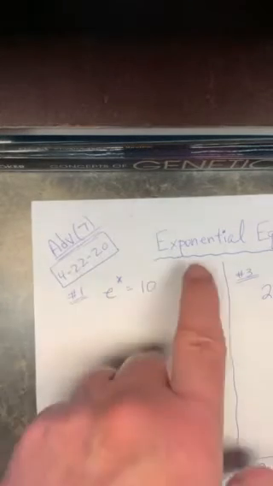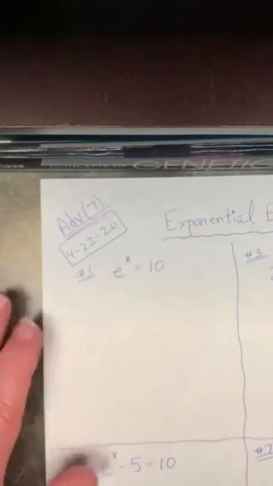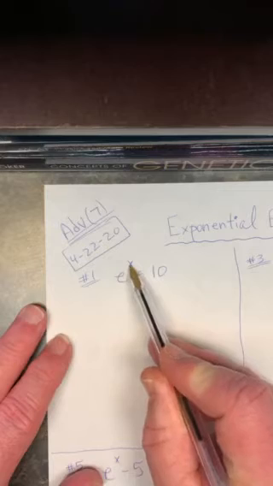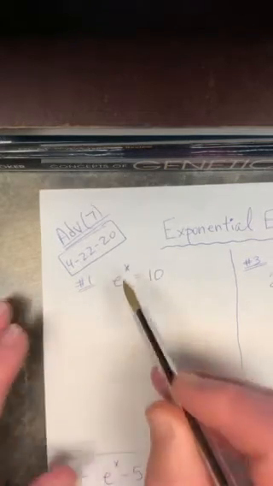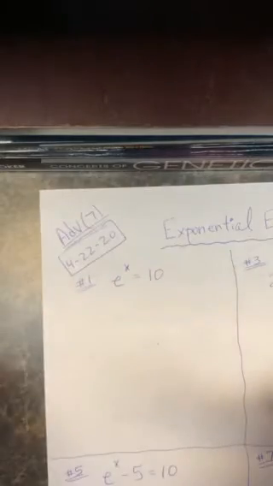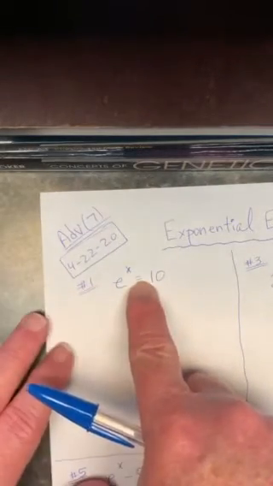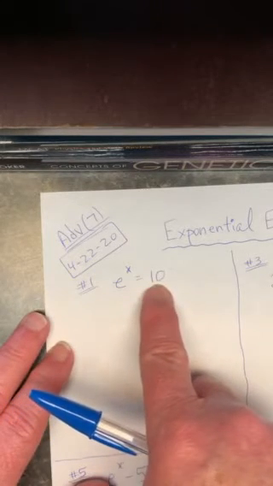So how do you solve an exponential equation? All right, guys, it's real simple. I have a saying for this. Since I'm looking for a missing exponent, but I'm not sure what it is. Okay, ready? When in doubt, log it out. Remember, on an equation, you're allowed to do whatever you want to both sides, as long as whatever you do to one side, you do to the other.